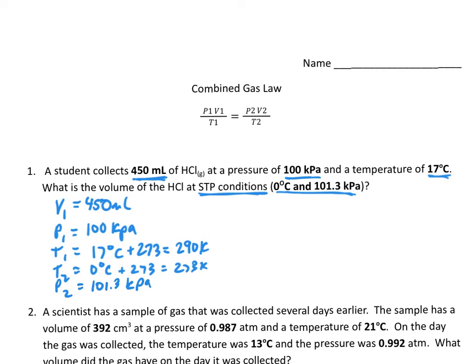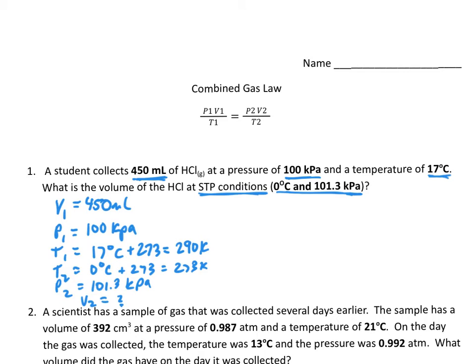If you're not sure what those STP conditions are, look on that little red half sheet in the bottom left corner. You've got the list of STP, as well as in the right hand corner, the units tell you if you're not sure whether it's a pressure or a volume. And in this case, we're going to be looking for our V2. So I'll just put a question mark or maybe an X, I don't know.